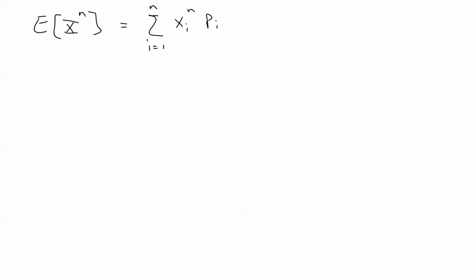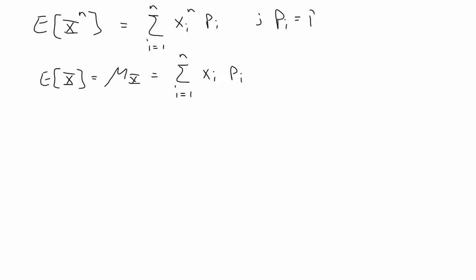Very simply then, the expected value of x, the first moment, little n equals 1, that's just summation I equals 1 to n x sub I raised to the first power times the probability that random variable x takes on value x sub I. So remind ourselves, little p sub I equals the probability that random variable x equals x sub I.